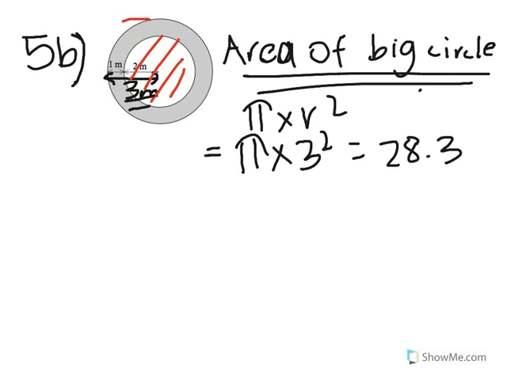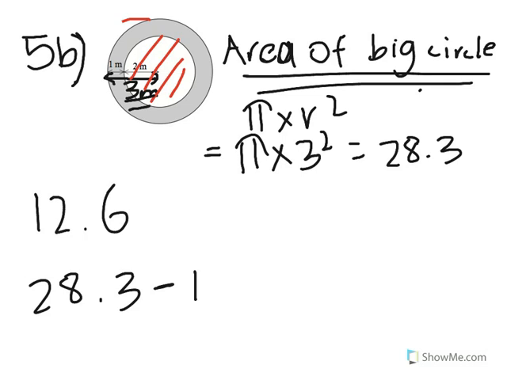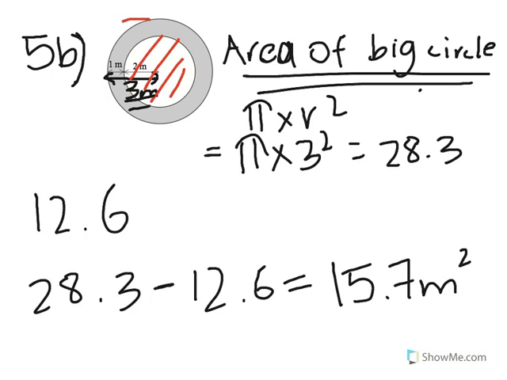And the area of the small circle we found in the previous question, because it's the same radius, so it's 12.6. So all we have to do is 28.3, the area of the big circle, minus 12.6, the area of the small circle, to give us the area of the path, which is 15.7 meters squared, and that's already in three significant figures, so it's fine.